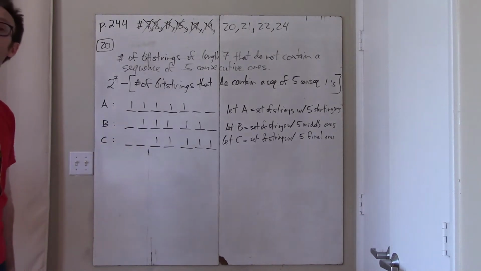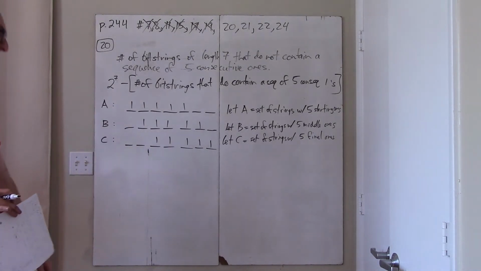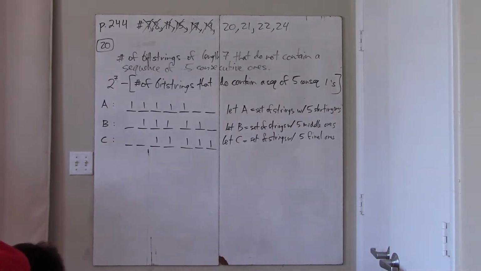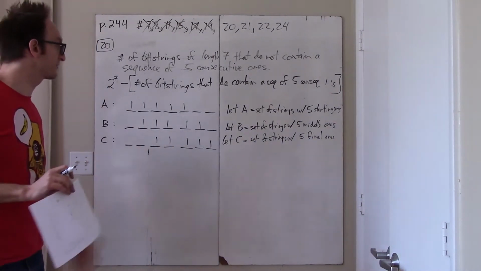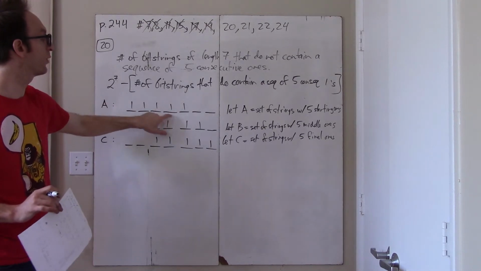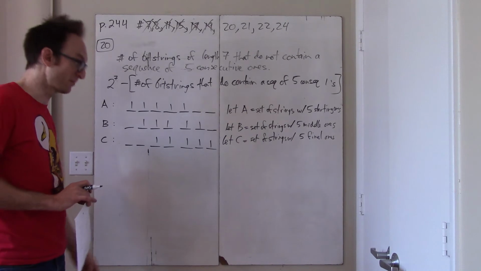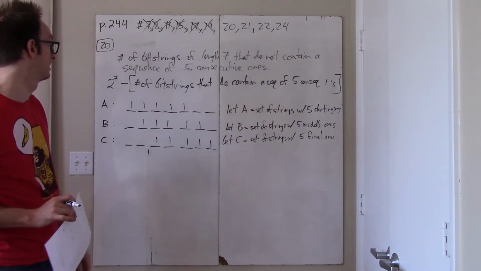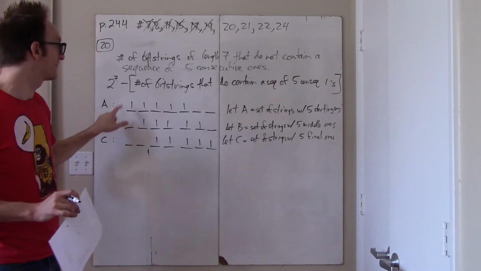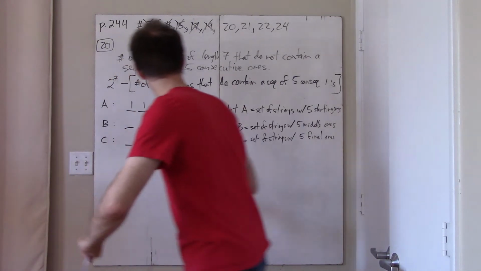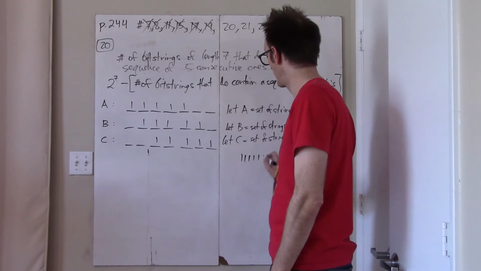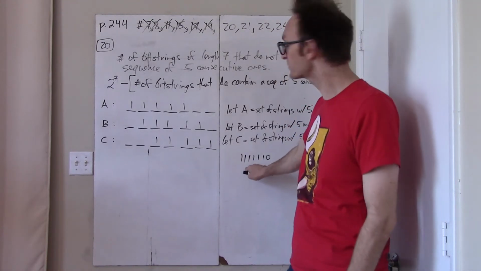But of course you can have a string which is in multiple of these sets. If you're not careful, you can overcount by forgetting that the string 1 1 1 1 1 1 0, for example, is in A because it starts with 5 ones, but also in B. Let me write that down: 1 1 1 1 1 1 0 does begin with 5 consecutive ones, but it also has 5 middle ones.